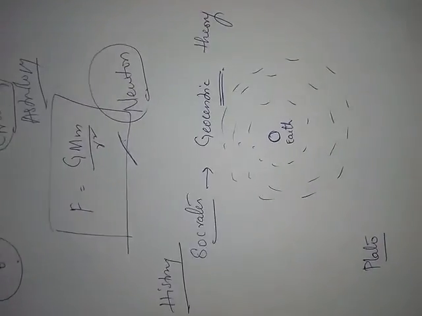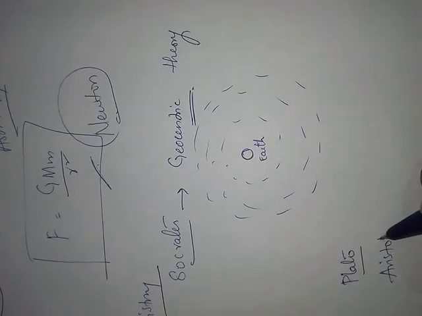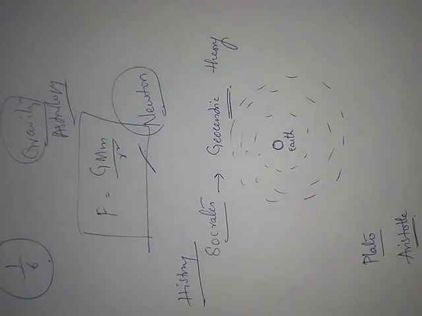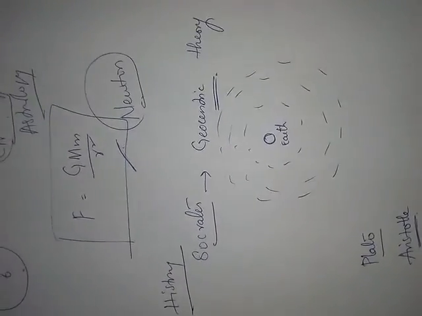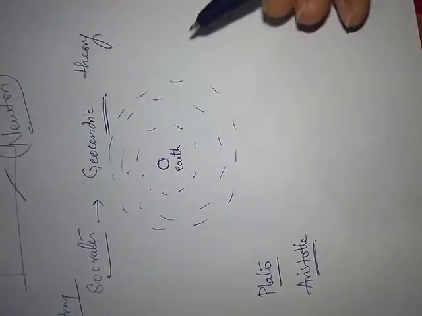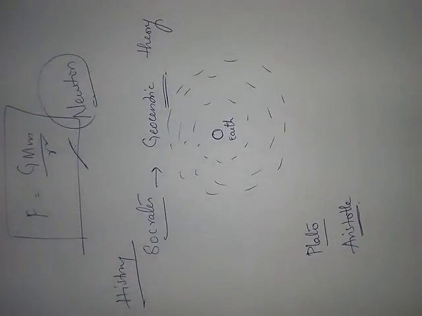Plato also supported the same thing. And next, followed by Plato, we have a scientist named Aristotle. Aristotle also supported the same old geocentric theory, where Earth is the center of the universe.